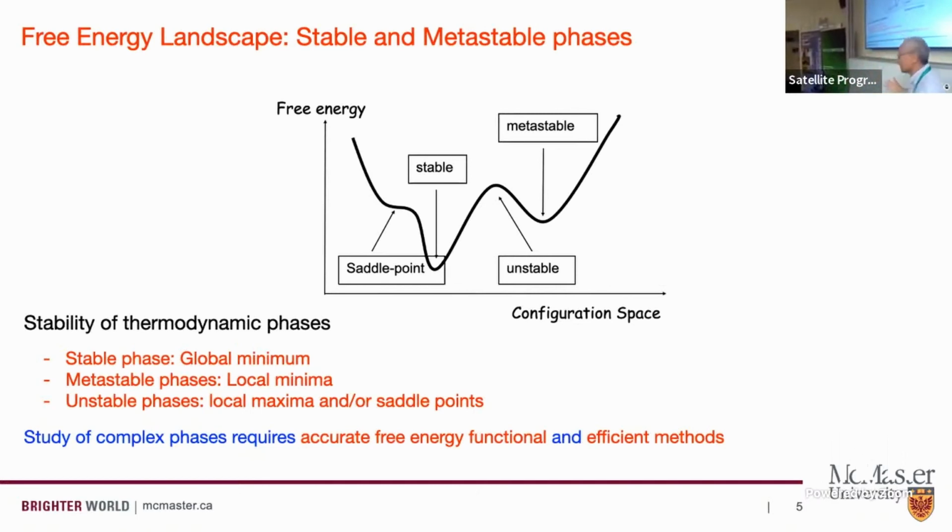The idea here is that the block copolymer system, or any of these molecular systems, is intrinsically a thermodynamic system. So what we need to do here is minimize the free energy. The question now is that the system is very complex, so there are lots of local minima. So then the question is which local minimum wins? And that's how we determine the phase diagram.